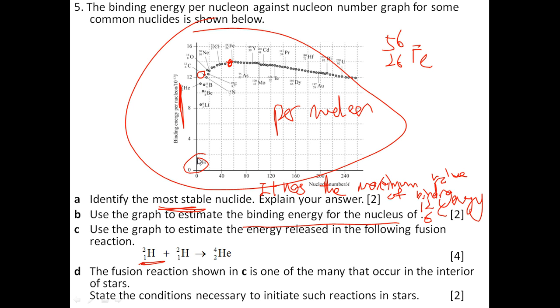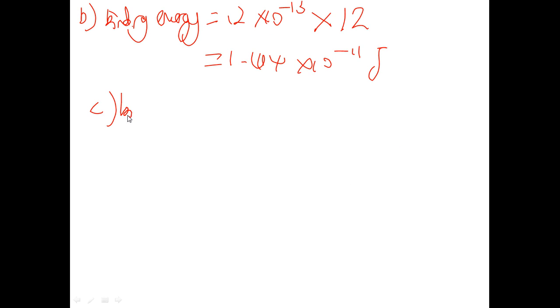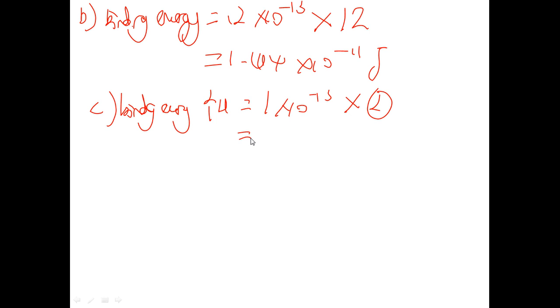So let us make it 1. The binding energy for hydrogen 2,1 is equal to 1 times 10 to the power negative 13 times 2. Why is there a 2? Because what I get from the graph is per nucleon, and now I have 2 nucleons in that hydrogen, so I have 2 times 10 to the power negative 13 joules.